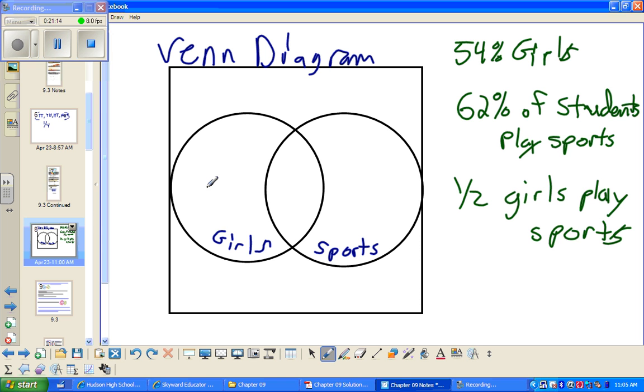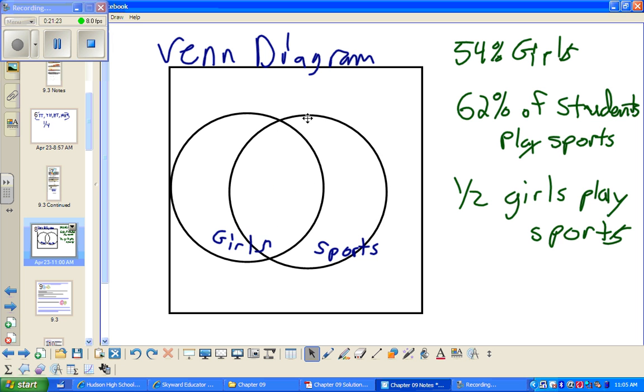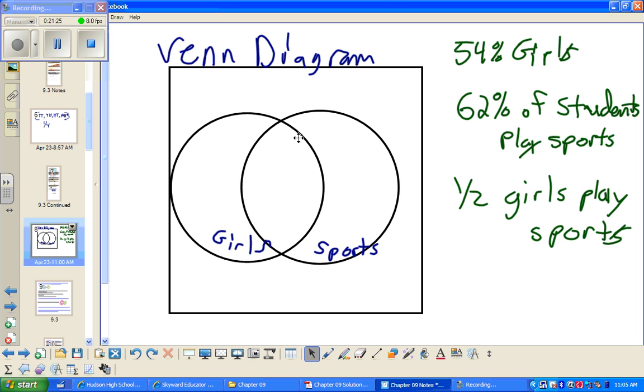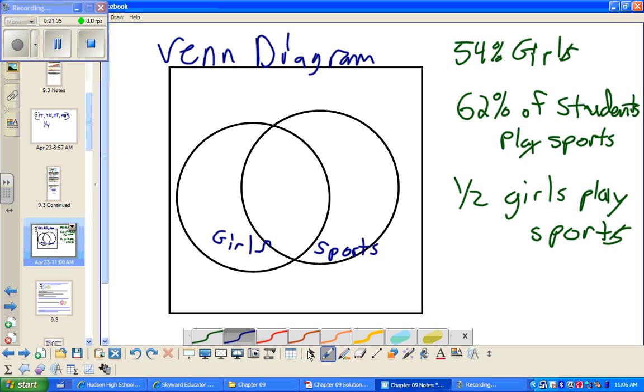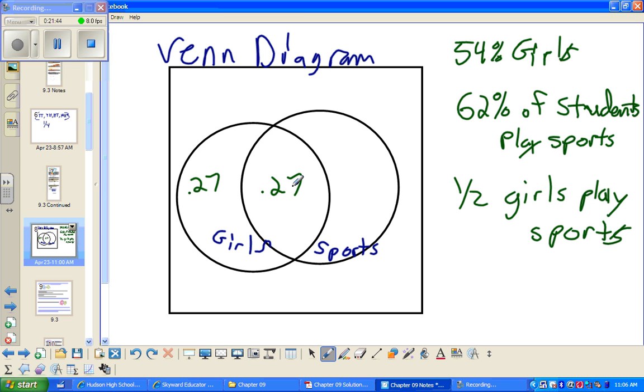So if there's 54% and half of them play sports, then we want half the girls to be in that circle and half of them to be out of that circle, which would be, take 54% or 0.54, divide it in half, and you get 0.27 over here and 0.27 over here.